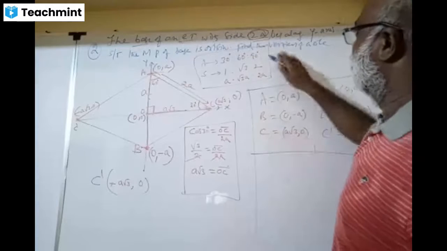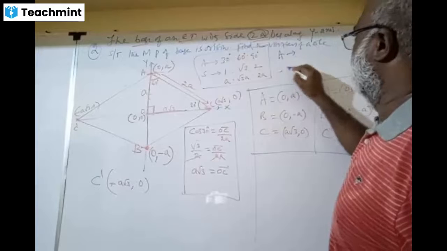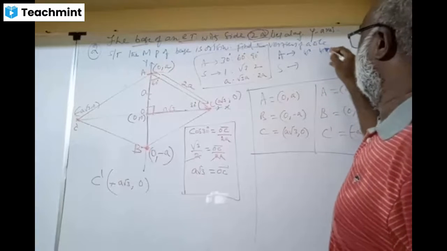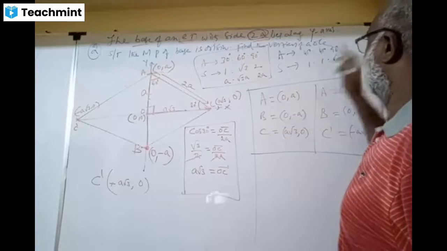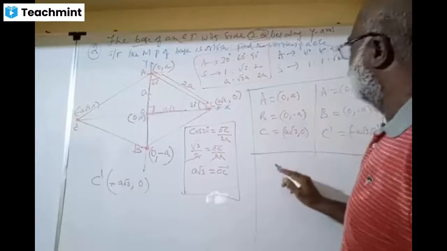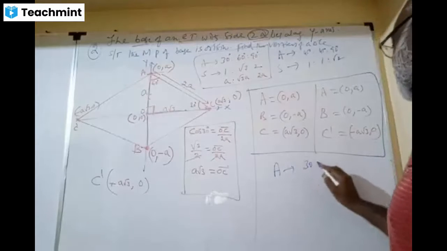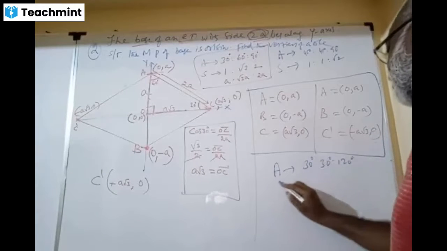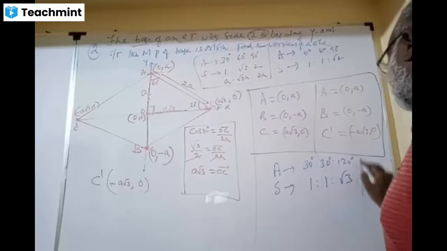I told one more also. What is that? Can you tell, Kavi? Sides are in the ratio 1 : 1 : root 2. One more also I told. Angles are in the ratio 30 : 30 : 120. It's not a right angle triangle. Sides will be in the ratio 1 : 1 : root 3.